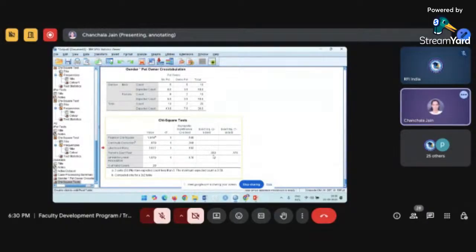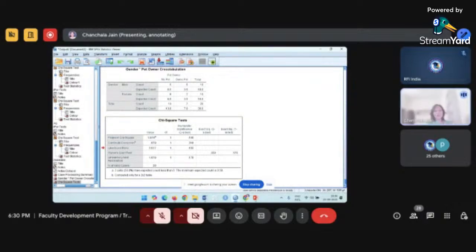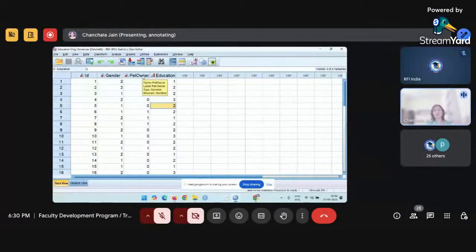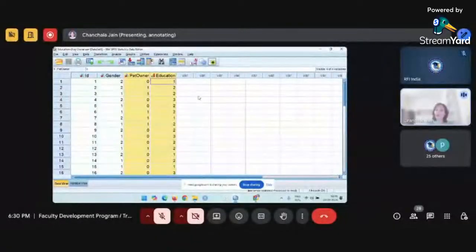Fine. So now I want you to perform a second chi-square test on the last 2 columns, that is pet owner and education. Please perform it and tell me what output you are getting.